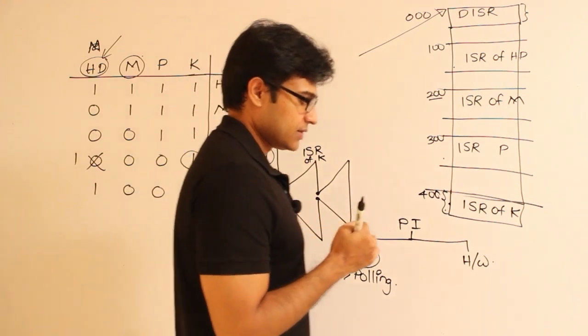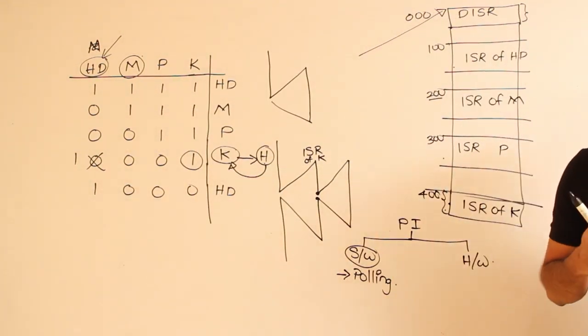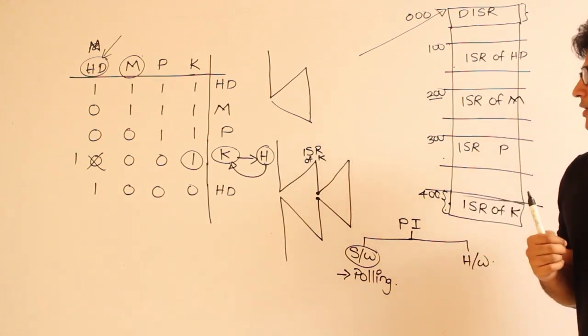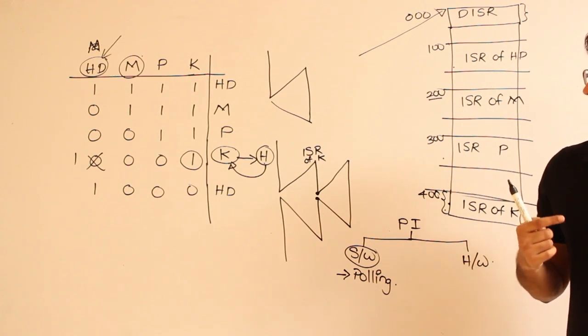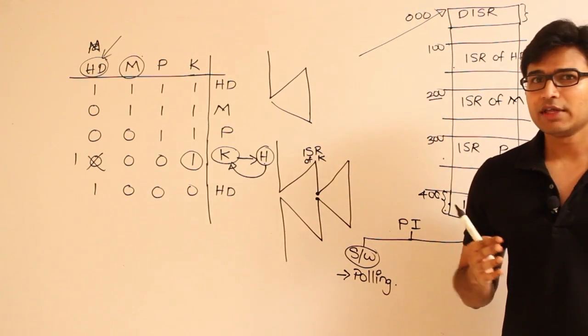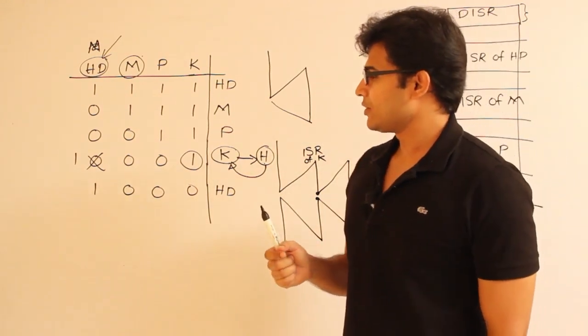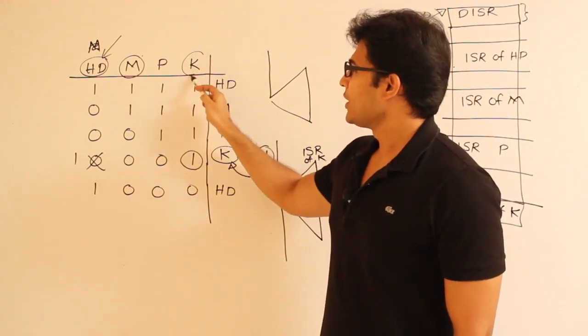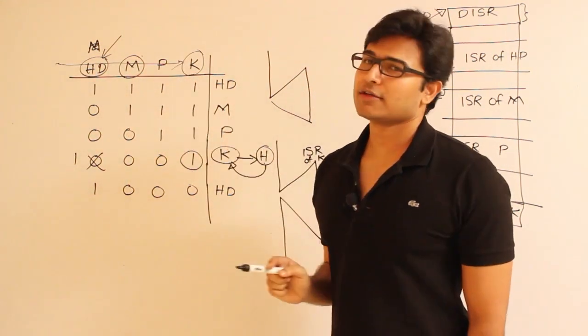Okay, so what is the disadvantage of this method? Clearly one disadvantage is the time it is going to spend there. Why do you think that it is slow? You can think about it. It is actually slow. The reason is, even if the device which has created the interrupt is the keyboard, we have to ask all the devices and then come to this point.